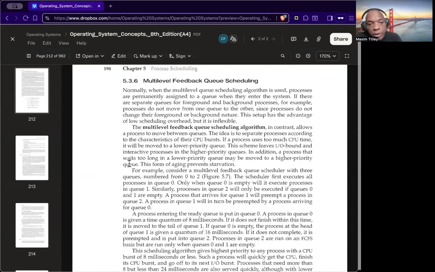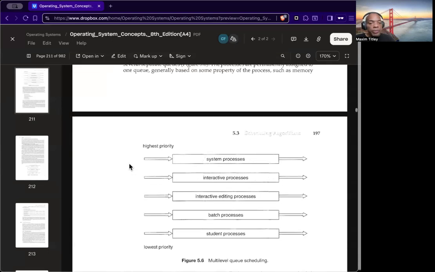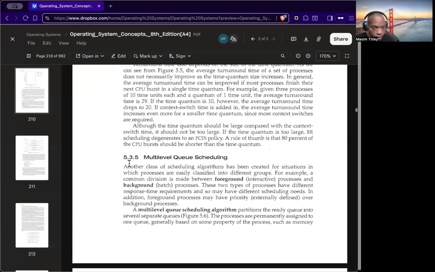And the idea is to separate processes according to the characteristics of their CPU bursts. Now, this scheduling algorithm leaves I/O bound and interactive processes in the higher priority queues. In addition, a process that waits too long in the lower priority queue may be moved to a higher priority queue. And this form of aging prevents what we call starvation, or the inability to get resources.